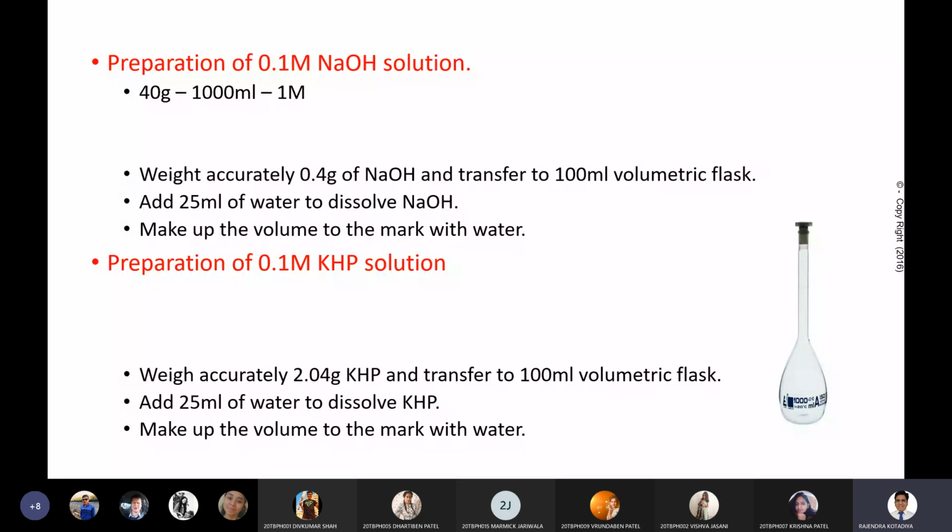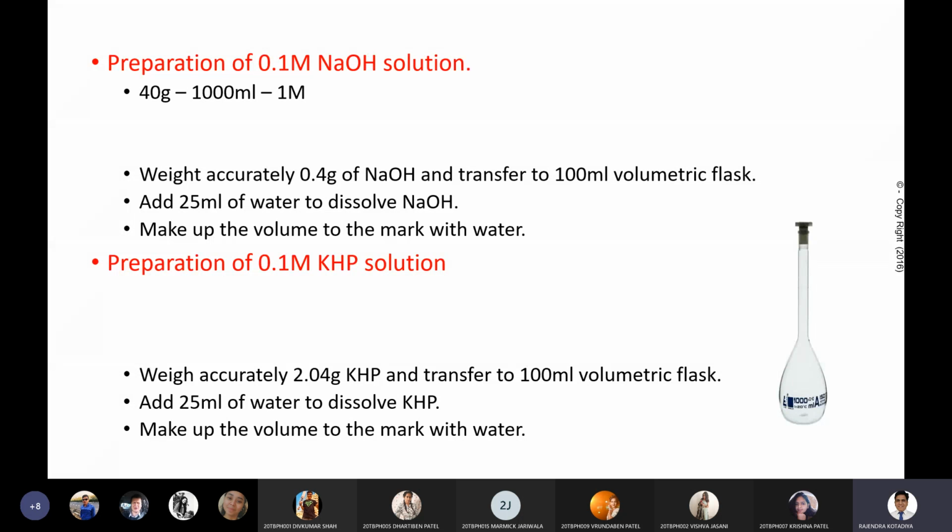Okay, so our simple mathematics: whenever you want to prepare 1 molar solution of any solute, if you have been given to prepare 1 molar 1000 ml solution of any solute, then you will have to find out its molecular weight.